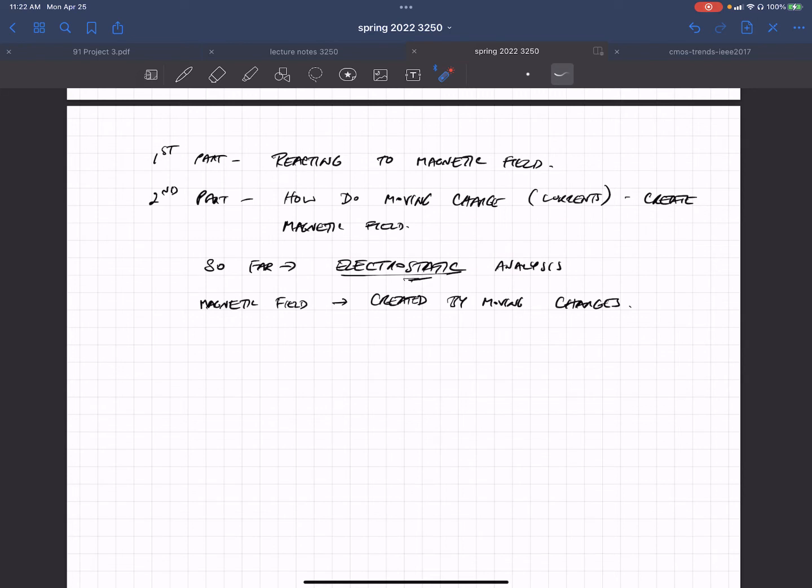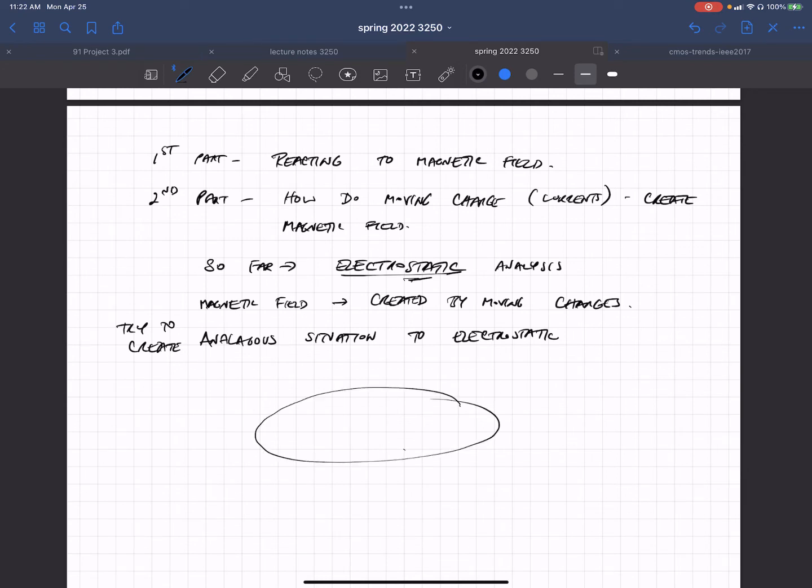So the way we get around that problem, or create a situation analogous to electrostatics, is to say we're only going to look at constant currents.